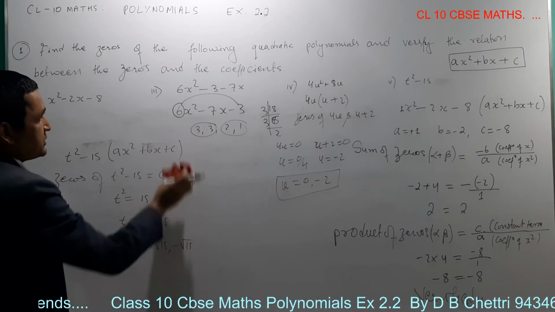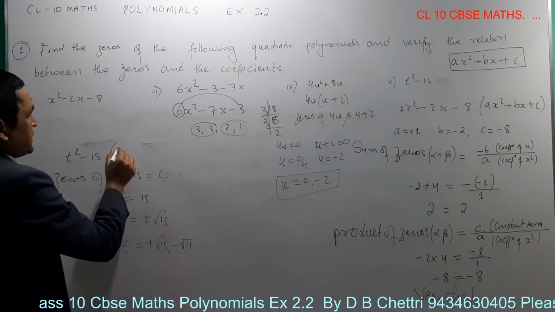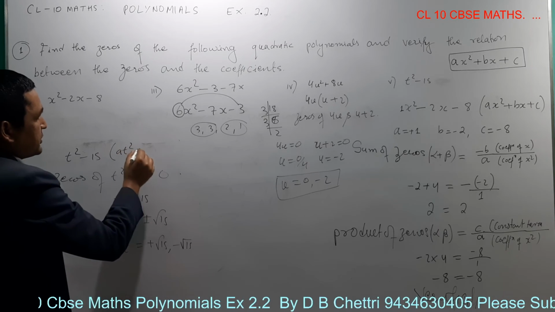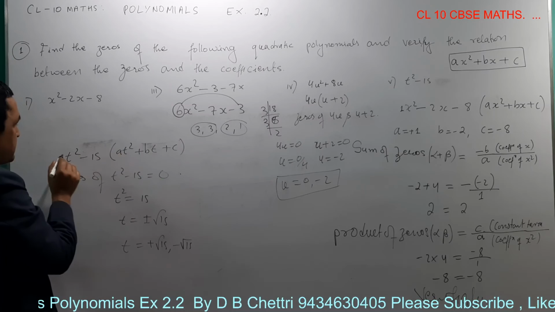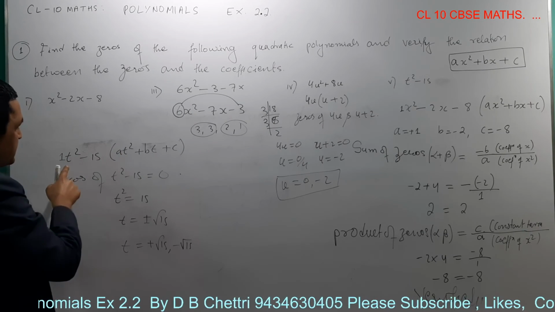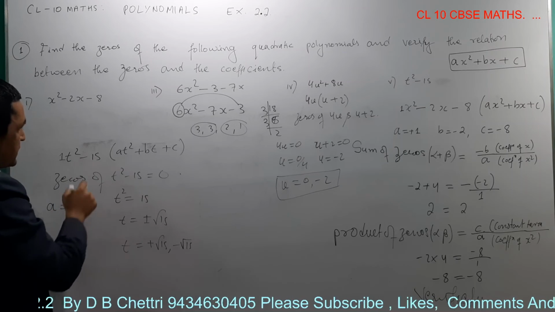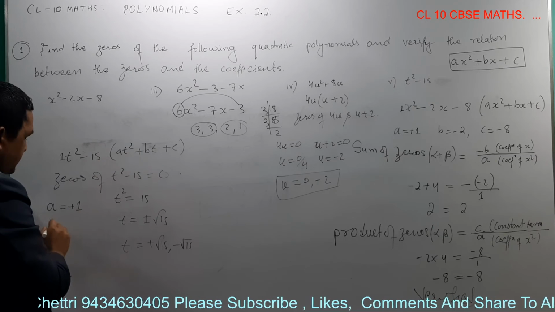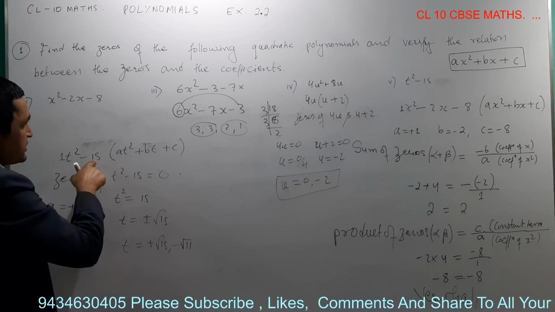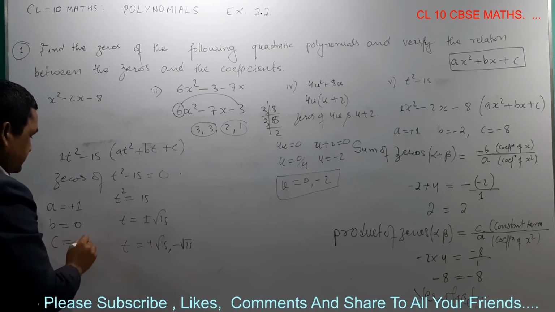Otherwise, if you are getting confused, you can write in the t variable also, like a t square plus bt plus c. Now t square, what is there? a equals plus 1. Then b, the t term is not there, that means b equals 0. And the constant term, c, is equal to minus 15.